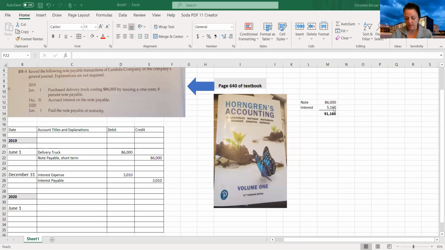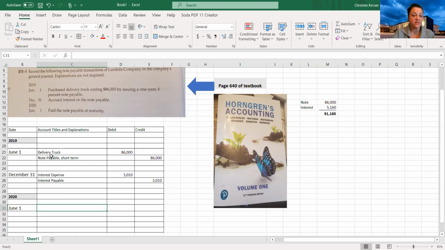So we know that that is a credit from our bank. We're going to be paying that out. But what are the associated debits here? Well, one thing that we want to do is wipe out the notes payable. It's no longer payable. We're just going to pay it off. So if you look in the previous June 1st of last year entry, we had a note payable of $86,000 credit.